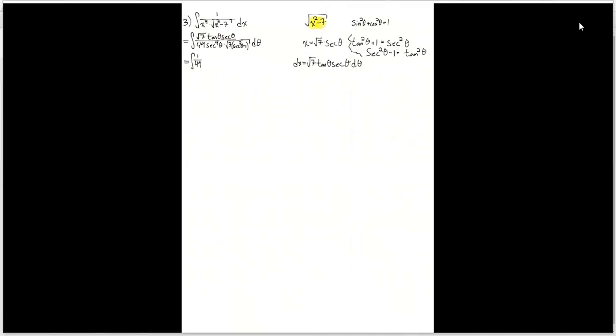Now, we have the secant to the 4th on the bottom, and this radical we're going to manipulate using our substitution. And over here, we've got this exact thing, right? So that guy is going to become just a tangent, because we're taking the square root of this tangent squared, and that's going to cancel. So what we're going to be left over with inside of this integral is just 1 over secant cubed theta d theta. So as messy as it is, it really reduces to something a lot nicer.